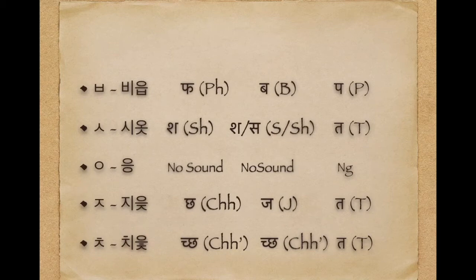Okay, let's come to the next, siot. When siot appears in the beginning, it is pronounced as sh. When it appears in the middle of any word, it is pronounced as sh or si.